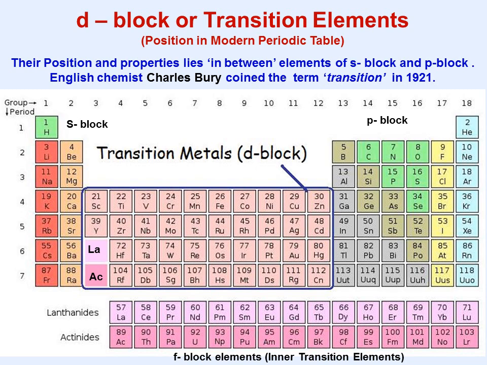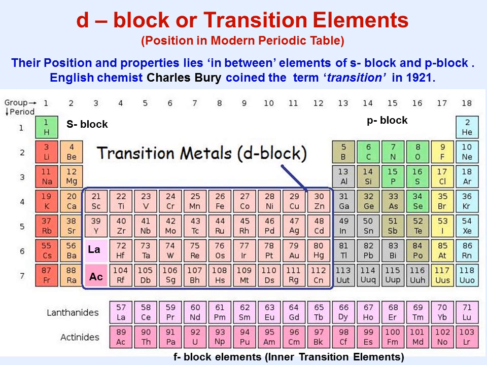In the modern periodic table, transition metals or d block elements are placed in between s block and p block elements. Elements of s block are highly electropositive metals which prefer to form ionic bonds, while elements of p block prefer to form covalent interactions.